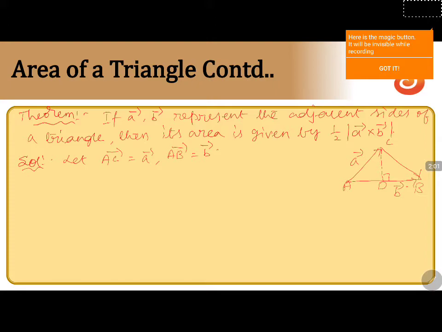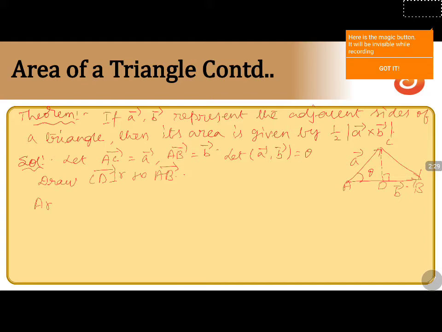For our convenience, we will assume the angle between AC and AB as theta, that is, let the angle between a, b be theta. So we'll do a small construction here, that is, draw CD perpendicular to AB.